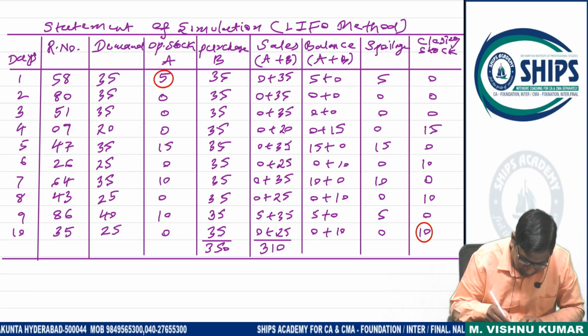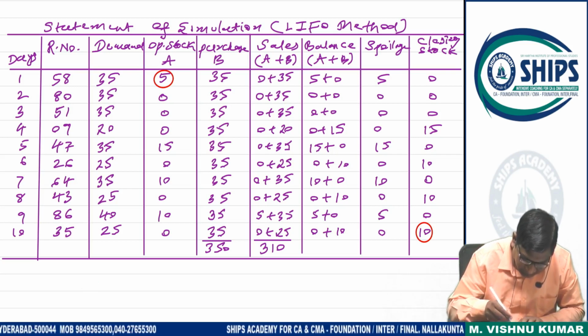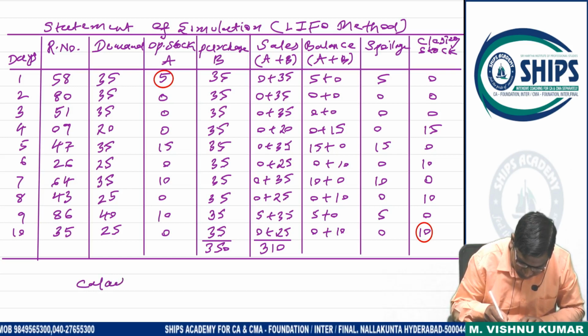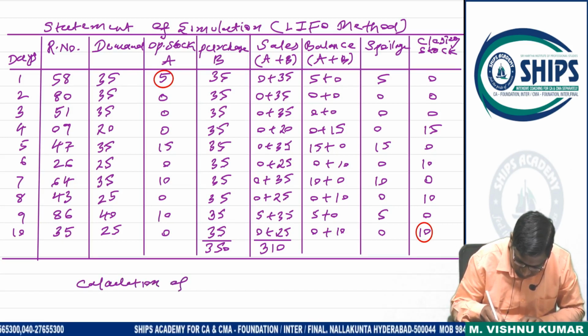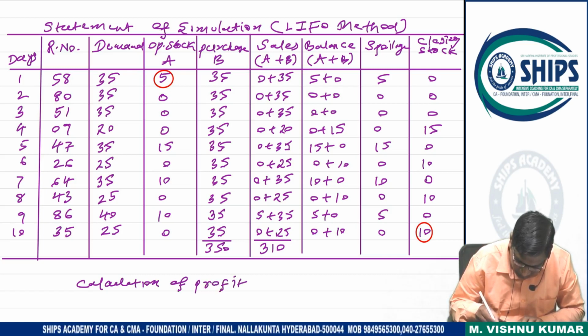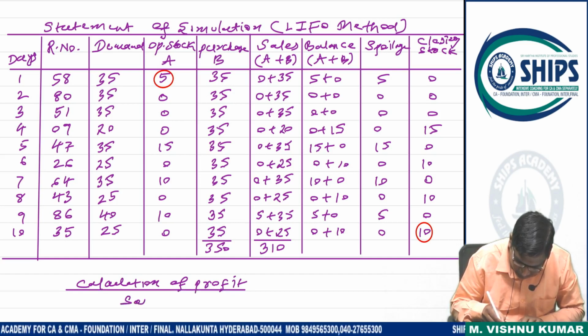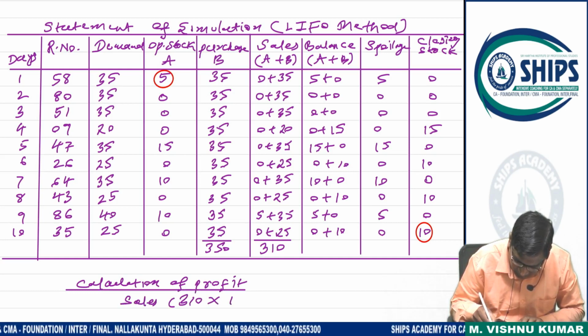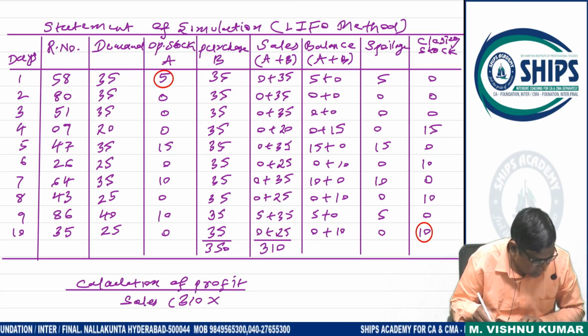చలిए, let us write the profit. Calculation of profit. First sales, 310 into 20.